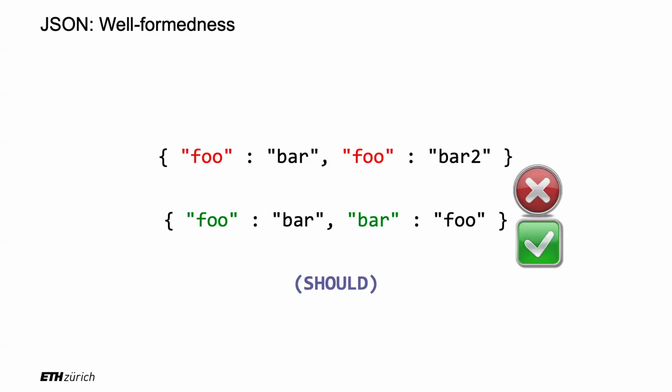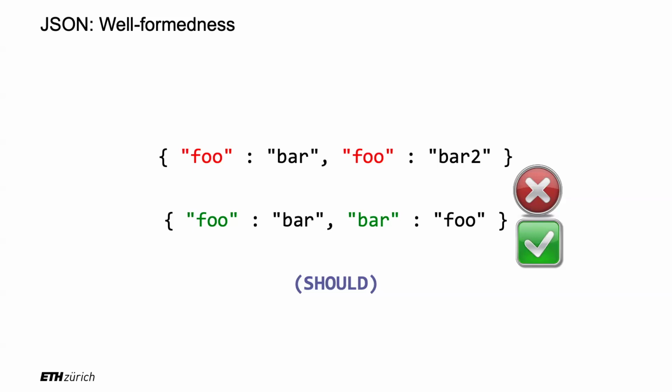The second thing is that within the same object, you are not allowed at the same level to repeat the keys. That is also forbidden. So that object above, foo, is not well-formed JSON because you have multiple times the same key.